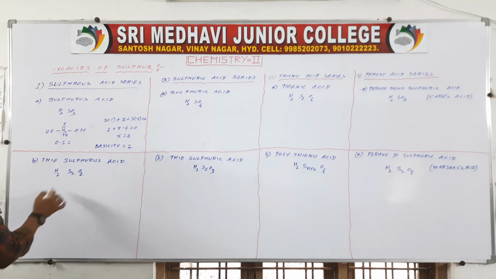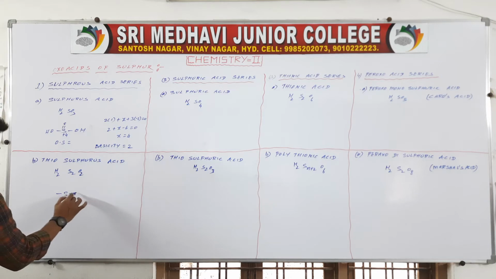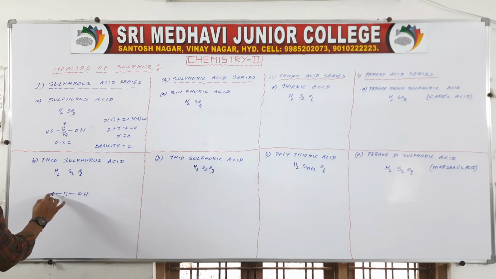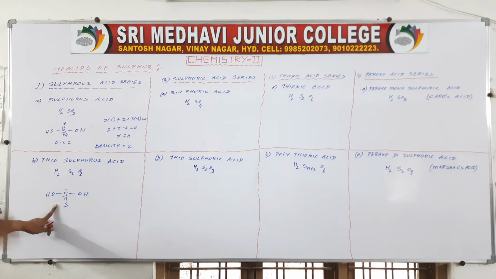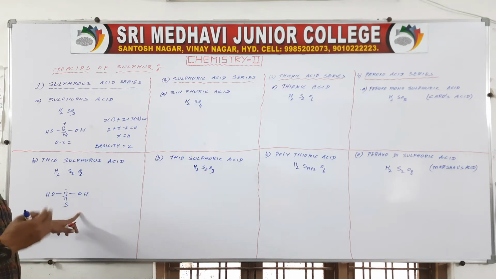Then its structure: sulfur having OH, next here a double bond, sulfur with a lone pair. Every sulfur can form 4 bonds, so here every sulfur can form 6 bonds.